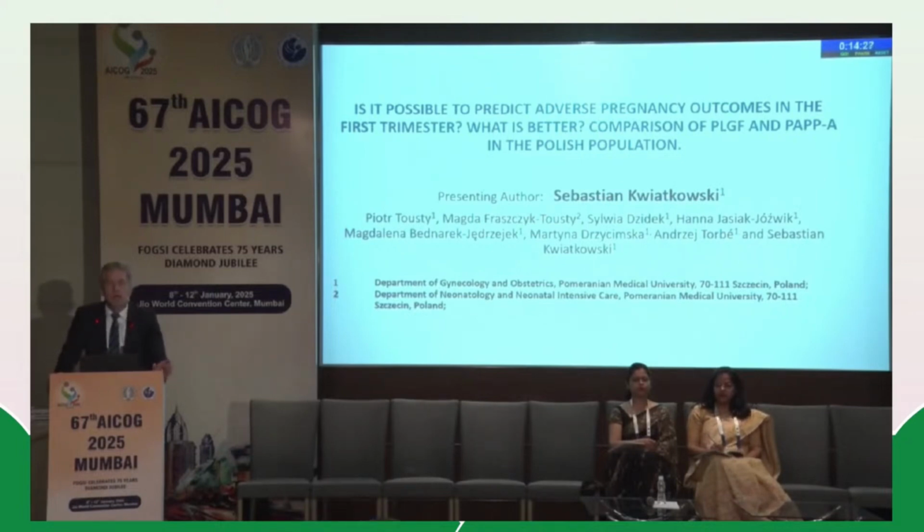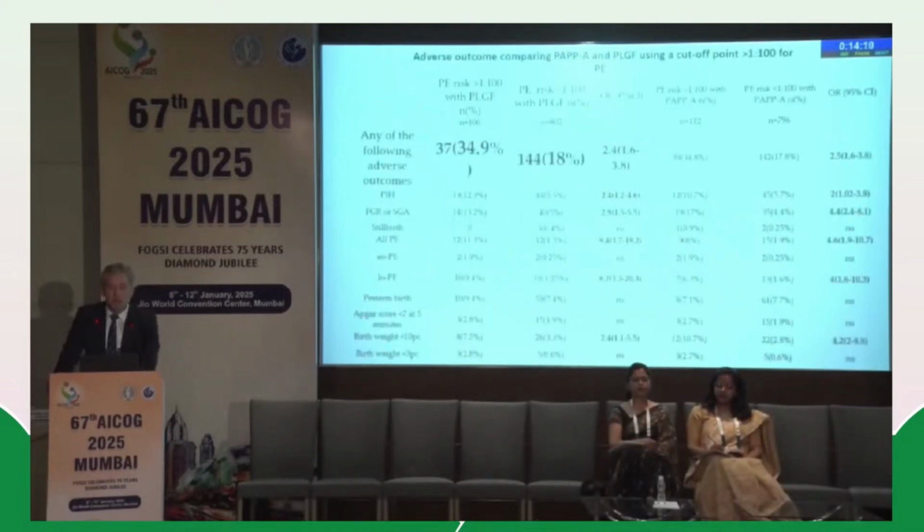But we also conducted this kind of research. So we show, as many other scientists, that we can concentrate also generally on adverse perinatal outcomes. If we start to predict in the first trimester and we use this screening, we can predict the high-risk group for many other complications in the second part of the pregnancy.